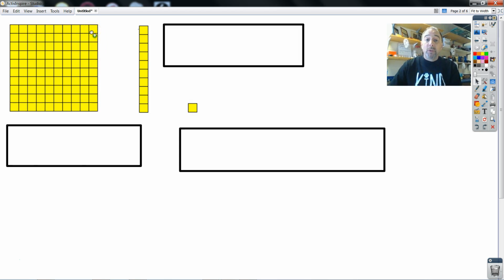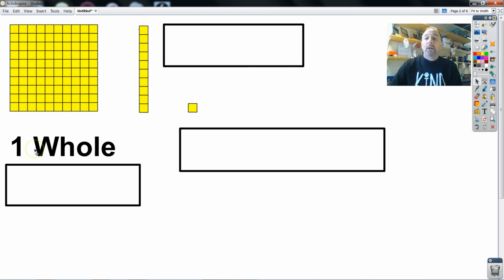Well, of course, that's 100. And it has how many columns of squares? Well, of course, that's 10. So as we think about it in terms of a fraction, this has 100 cubes, or 10 columns or rows of squares. And this, of course, would be one whole.